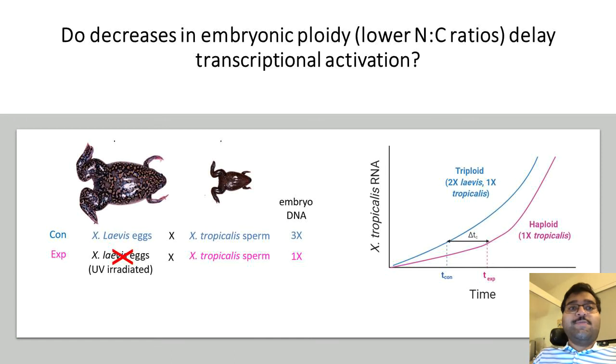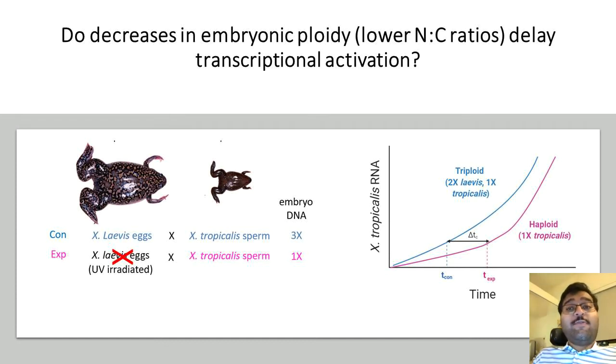So to contribute to this debate, we asked the question, do decreases in embryonic ploidy, in other words lower nuclear to cytoplasmic ratios, delay transcriptional activation? To answer this question, we analyzed two hybrid embryos. The control condition was triploid, and the experimental condition was haploid. Both were hybrids constructed with one equivalent of the Xenopus tropicalis genome and some equivalents of the Xenopus laevis genome depending upon the condition.